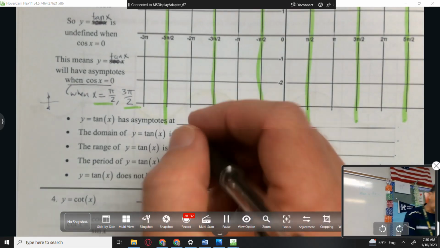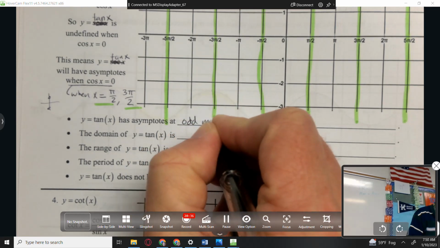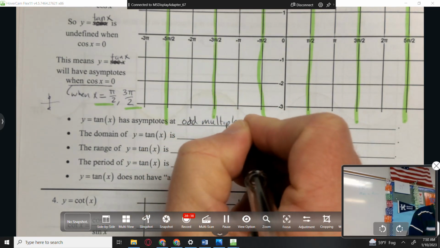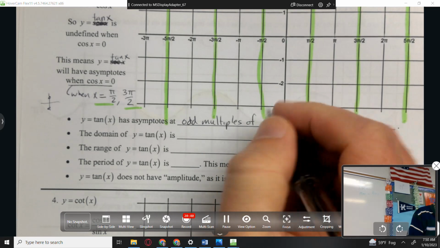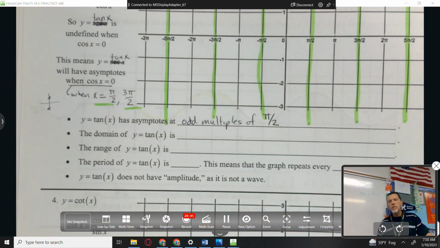In fact, I just answered that first bullet point, so let's go ahead and fill that in. Asymptotes at odd multiples of pi over 2. Careful, it's not all the multiples of pi over 2, because 2 pi over 2 and 4 pi over 2 reduce. So it's the unreducible pi over 2s, I guess.